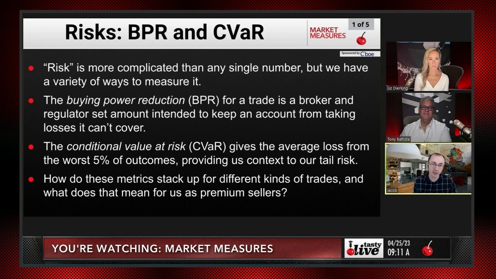Conditional value at risk, on the other hand, is more about what positions like this position actually lose when they are big losers. It's the average loss from amongst the worst 5% of outcomes. And Julie and I recently had a back and forth about super high pop trades: do you include the mediocre winners in those bottom 5%? If you have a 98% pop trade, can your CVaR start including winners?